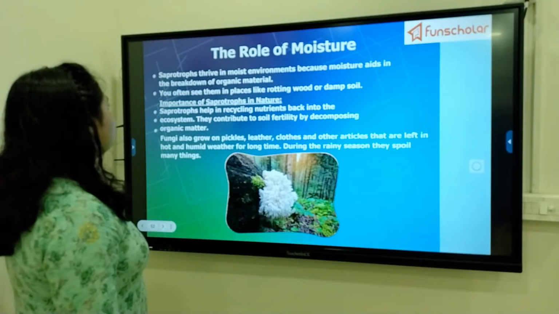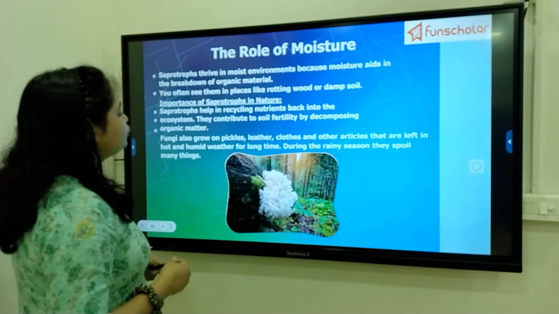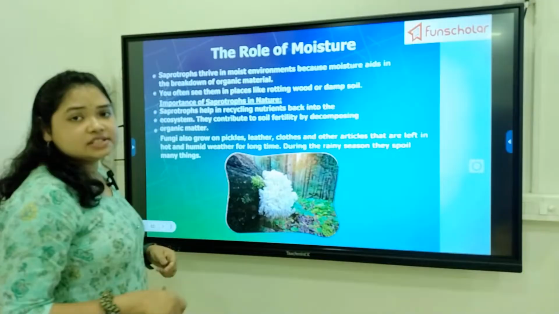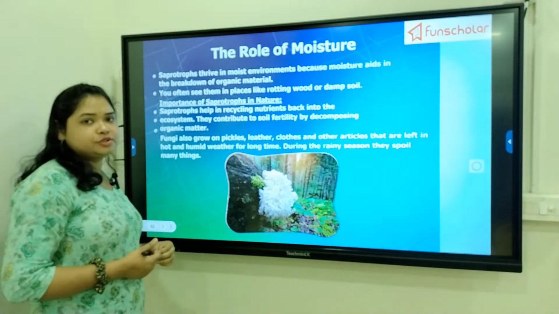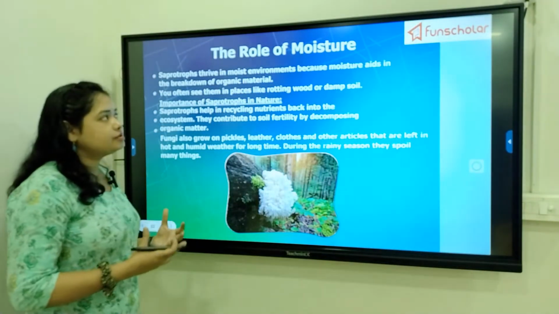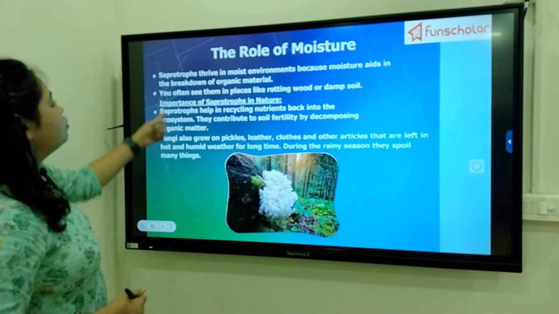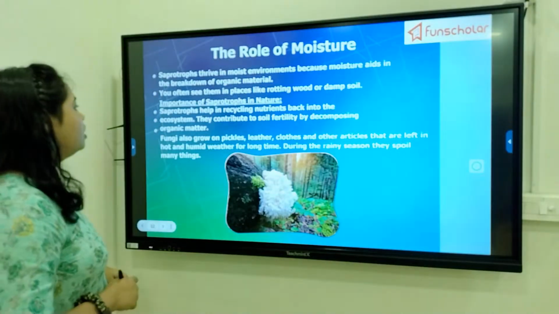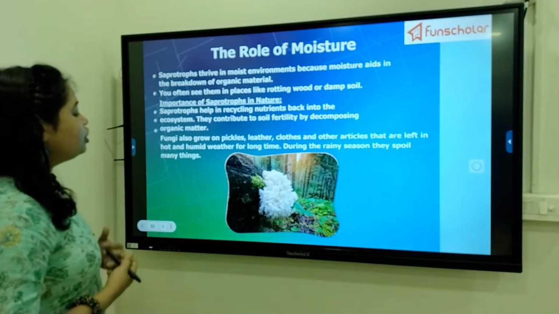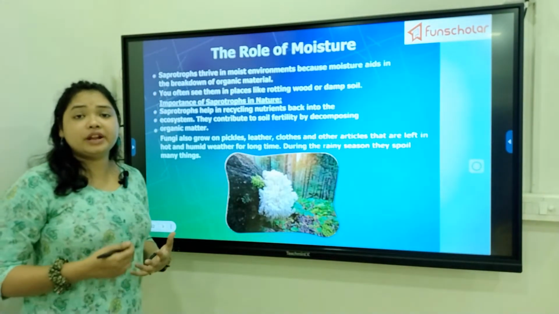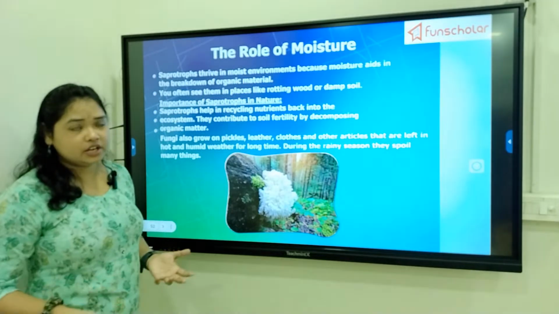Now the role of moisture. The role of moisture is very vital for the survival of the saprotrophs, because moisture helps them to grow and moisture helps them in the breakdown of the organic material also. So therefore we often see the bread molds in our day-to-day life.